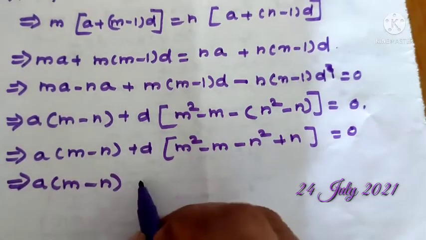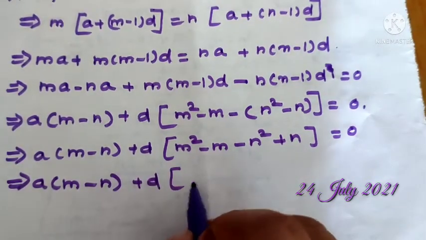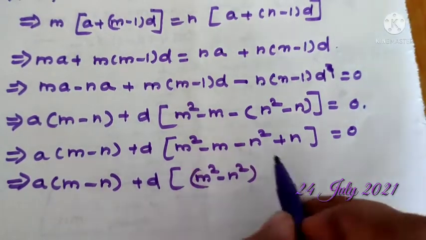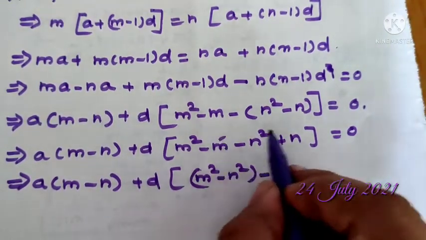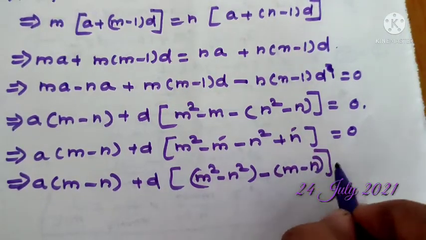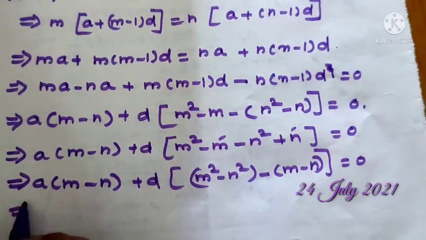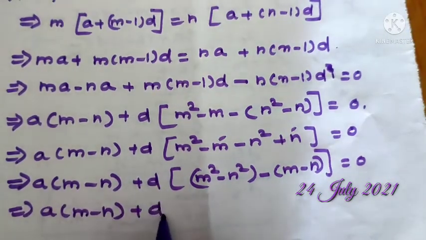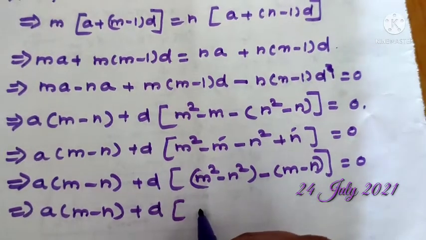As it is the same, no change. d into, I am arranging the terms, m square minus n square together, minus common from these two, so bracket minus (m - n). Continuing the same, d into, what are the factors of m square minus n square?